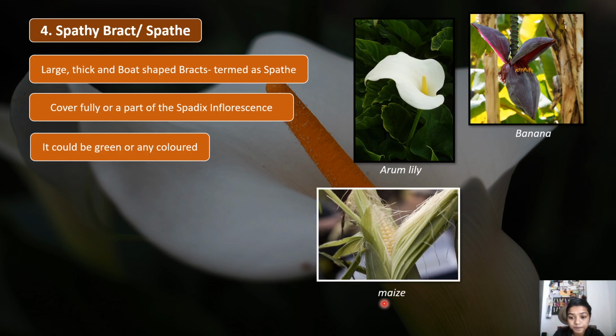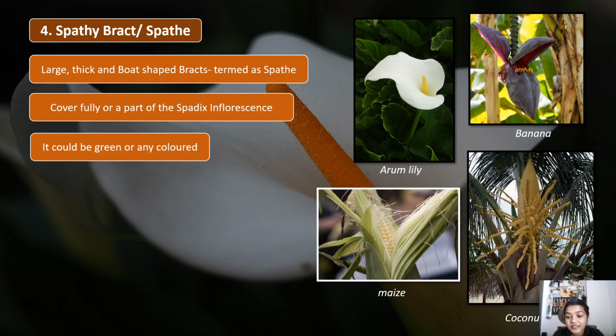Then very interesting, the maize corn that we know, this is the female reproductive part, right? That gives us the maize corn that we eat. Now this covering that we see is a spathy bract, right?